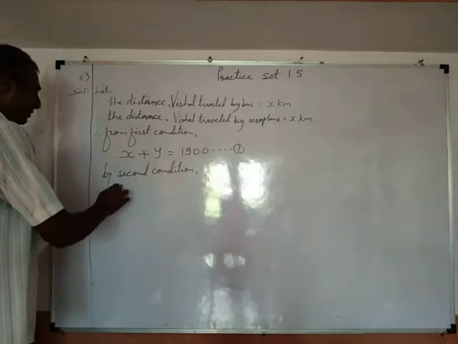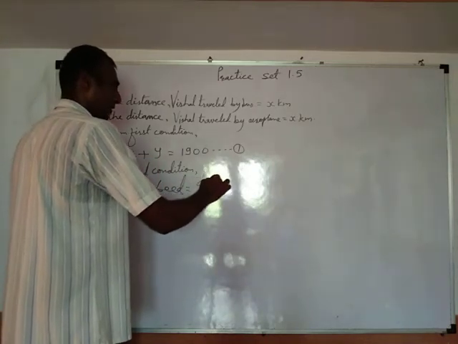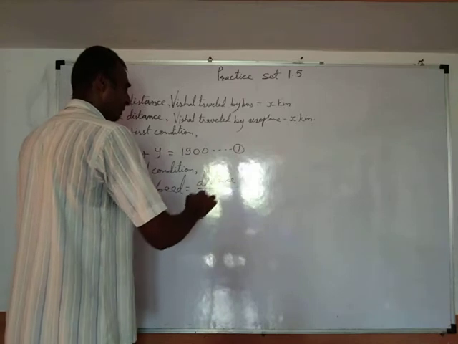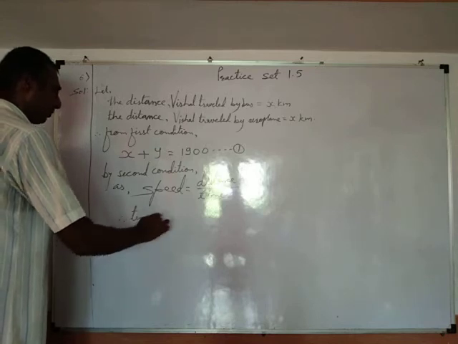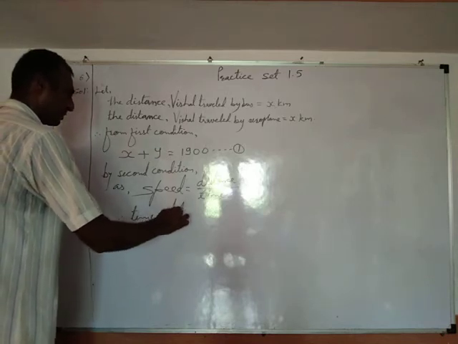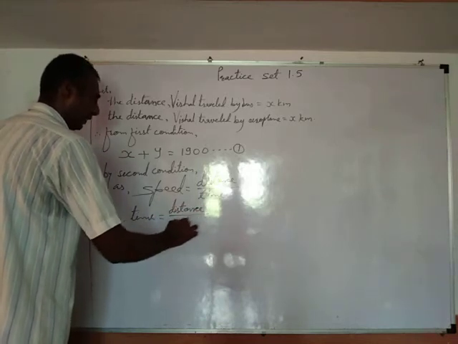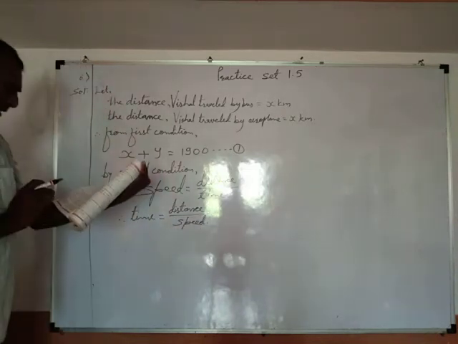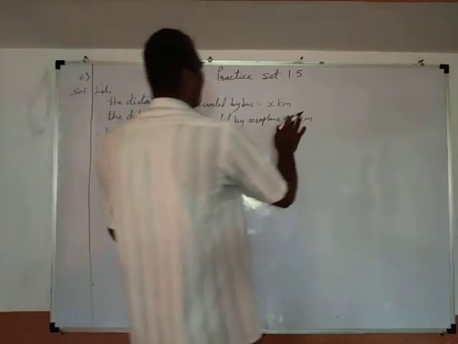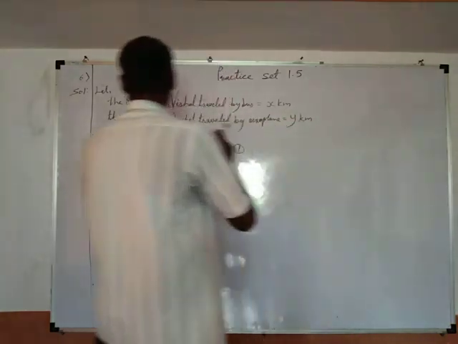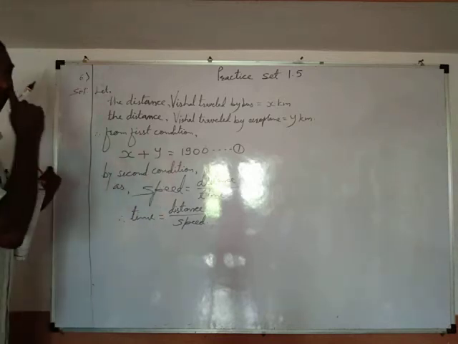Okay. As speed equals distance upon time, therefore we have time equals distance upon speed. Okay. Now, some distance is traveled by bus and some distance is traveled by aeroplane. The distance traveled by aeroplane is y kilometers. x plus y equals 1900.